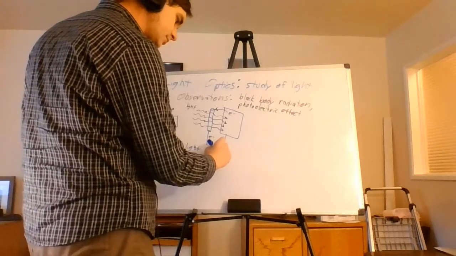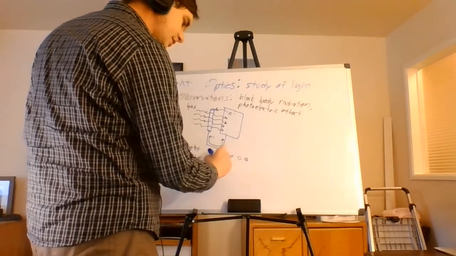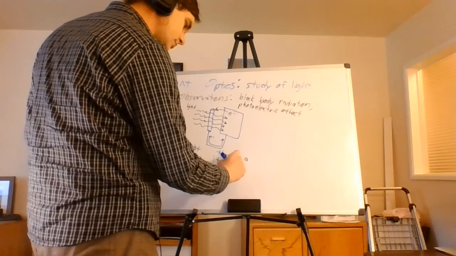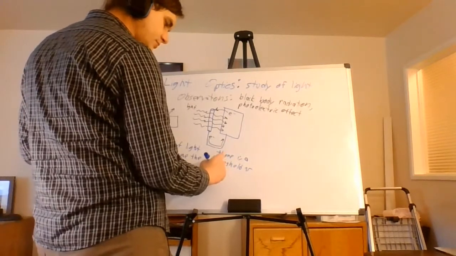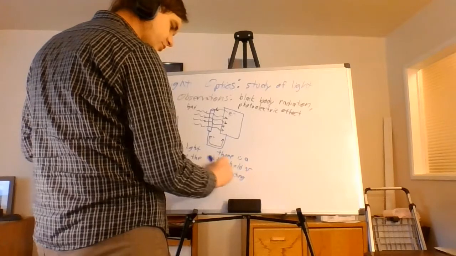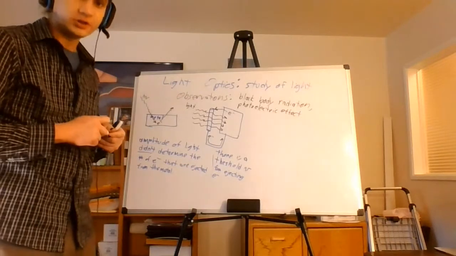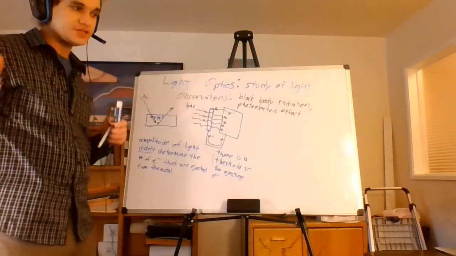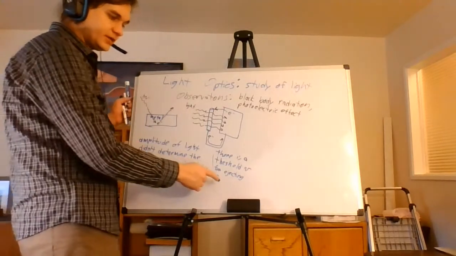Also, there is a threshold frequency for ejecting electrons, where even if you have a very low intensity and therefore very low amplitude of light, but that light happens to be above a certain frequency or below a certain wavelength, then you get current.